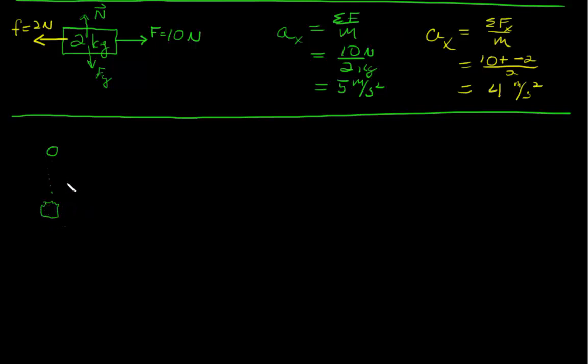Right when the ball strikes the bush, its velocity is, say, 6 meters per second. And over some distance, say 0.5 meters, it stops. What was the net force that stopped the ball?